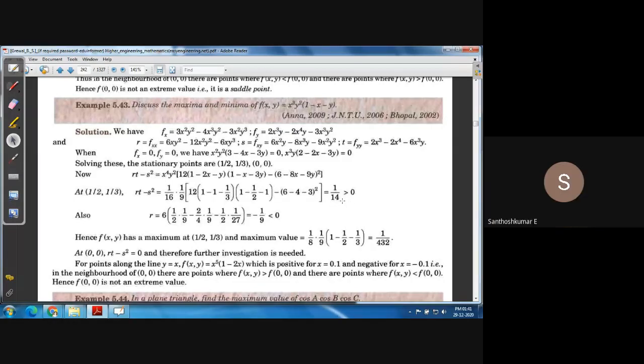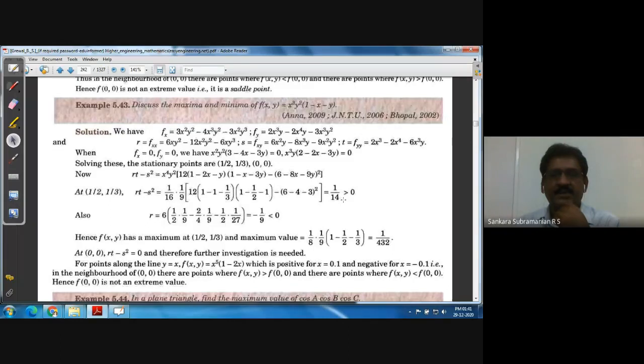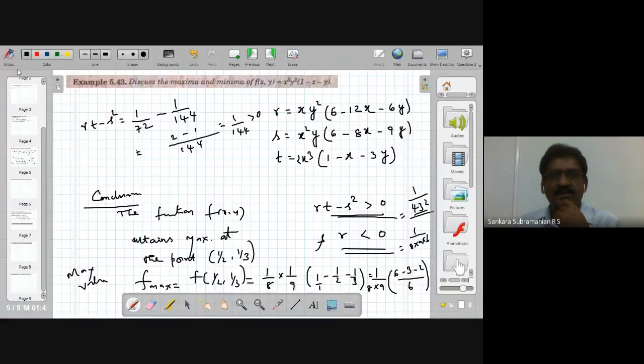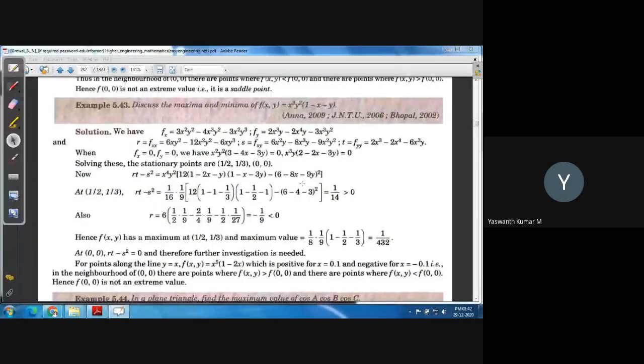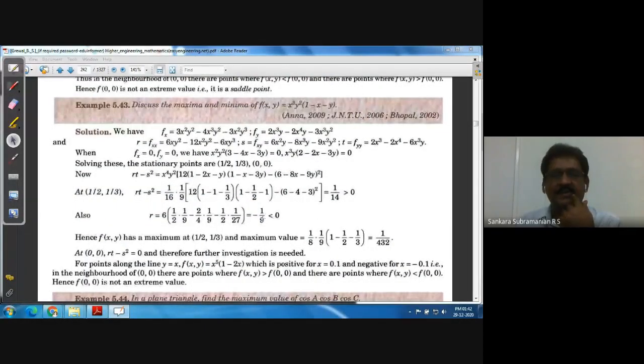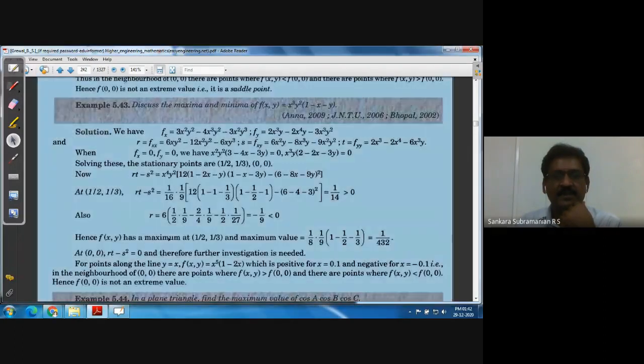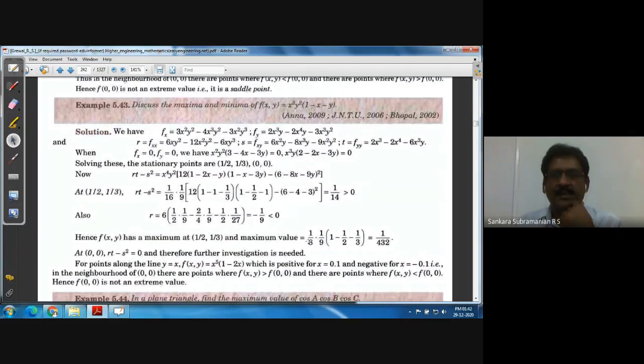Yes, sir, this is a printing mistake. Greater than 0. And R is minus 1 by 9, which is negative. So RT minus S square positive, R is negative. Therefore, we say that the function attains maximum at this particular point, and the maximum value is this.